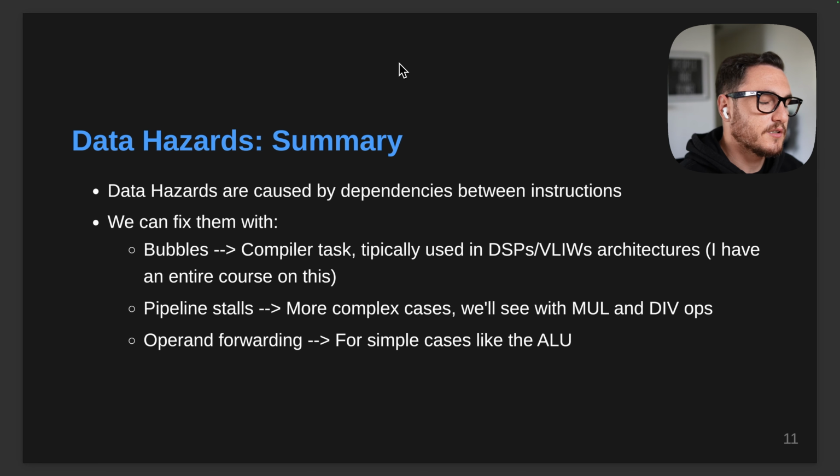This is typically done in more complex cases where we have variable length algorithms like the divider, or units that are not single clock cycle like the multiplier that we're going to see in the next lecture. So next lecture, we're going to see pipeline stalls, how we integrate the multiplier and the divider inside our architecture, and start building some momentum here in wrapping up this core.